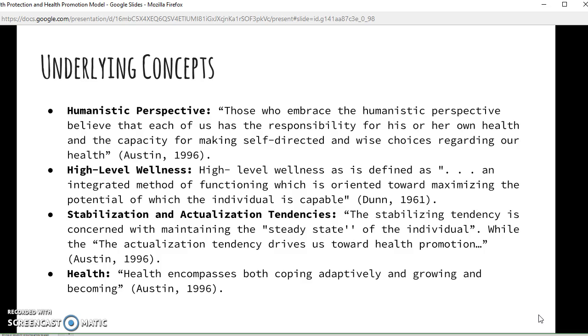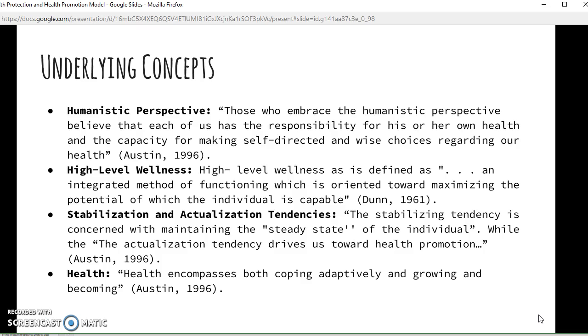So it's more making them steady on what's good. And then the actualization tendency drives the client toward health, and they focus on reaching that high-level wellness like we talked about before, and having that joy throughout their life.